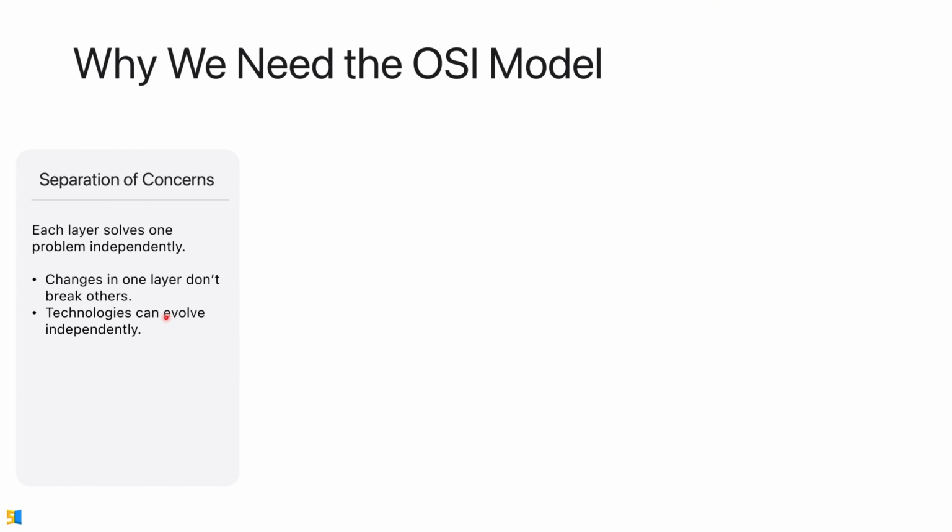Technologies can evolve independently. Let's say IP can evolve from IPv4 to IPv6. HTTP versions can evolve from 1.1 to 2 to 3, right? The physical layer can evolve, from copper cable to fiber optic to Wi-Fi, right?